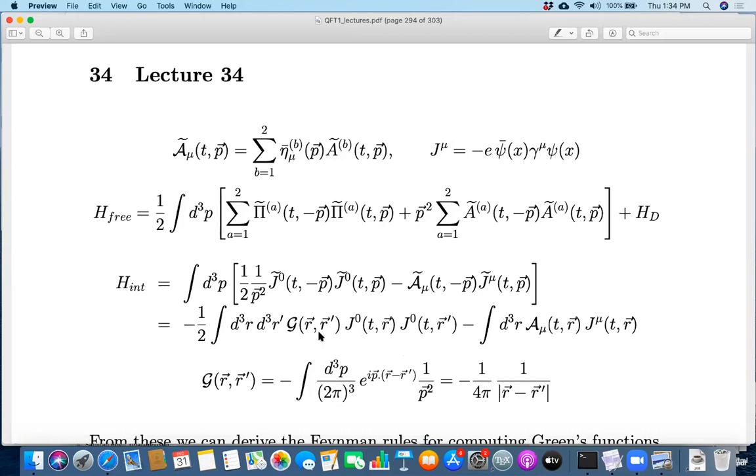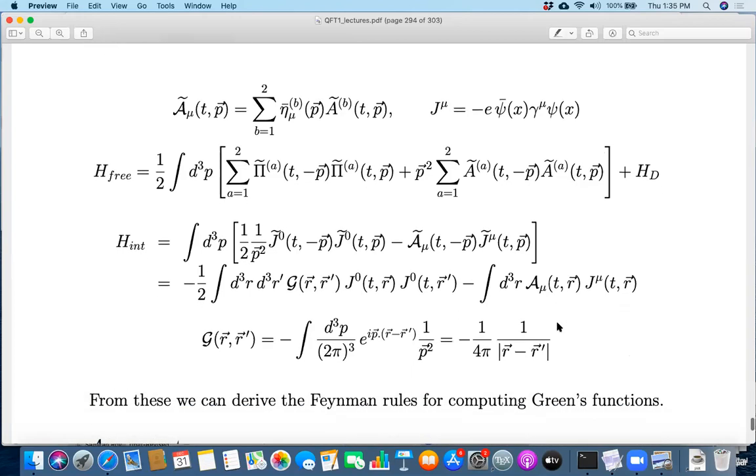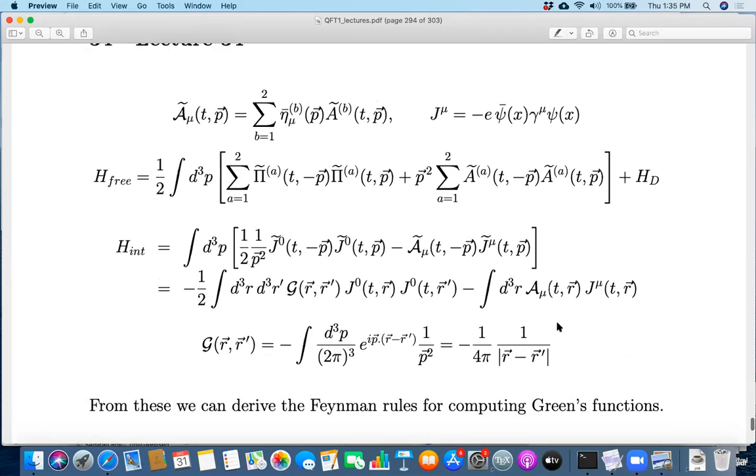So this is non-local in space but local in time, as you can see, since the J0's are taken at the same time. And this is another term in the interaction. This one involves two psis and two psi bars. This involves one psi bar, one psi, and one gauge field. And so the goal today will be to derive the Feynman rules based on this action, or this Hamiltonian.